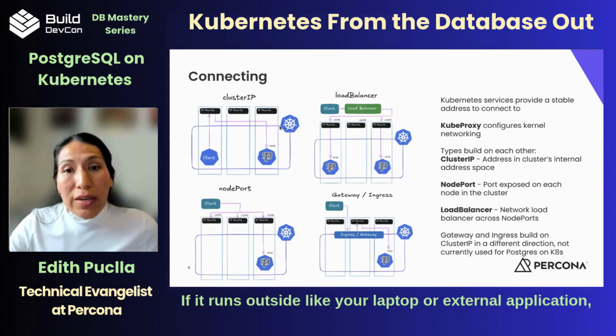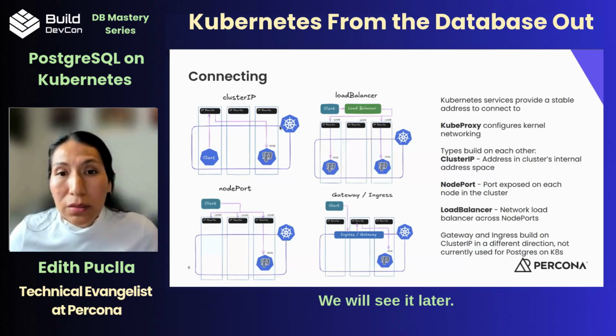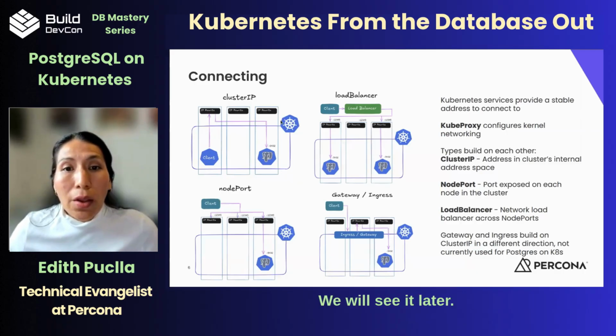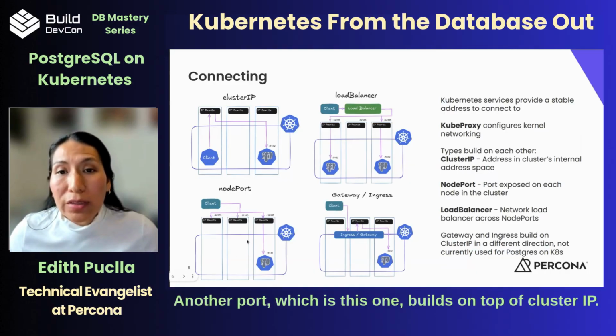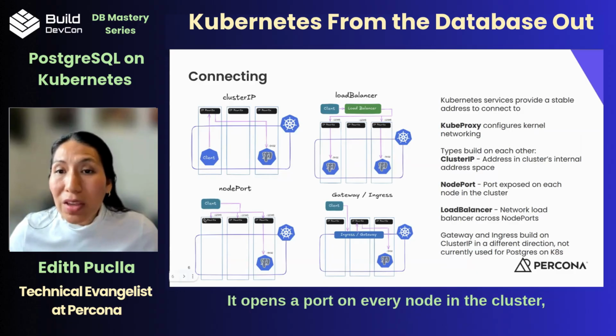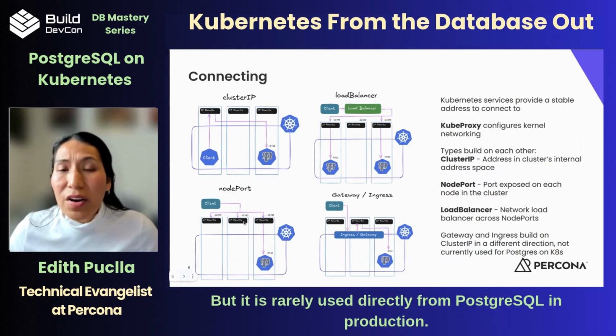If it runs outside, like your laptop or an external application, you need a load balancer with an external IP. We will see it later. NodePort, which is this one, builds on top of ClusterIP. It opens a port on every node in the cluster, making it reachable from outside. But it is rarely used directly for Postgres in production.